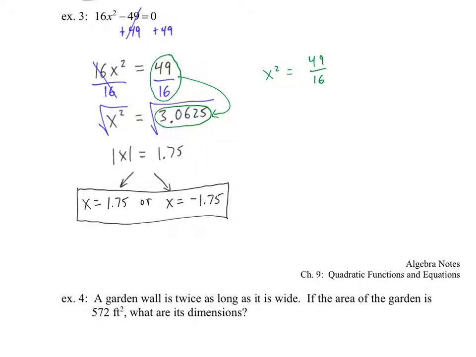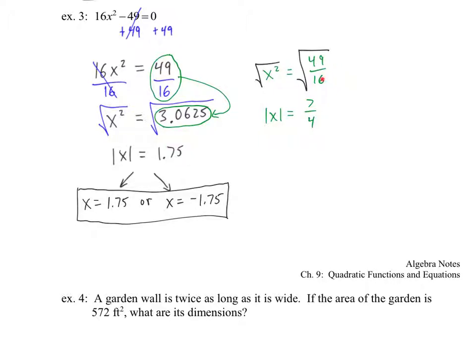You might recognize 49 is 7 squared, 16 is 4 squared. If you have perfect squares like that, you can look really suave and cool if you say absolute value of x equals 7 over 4, which happens to be 1.75. So you could leave it as a fraction if you wanted to.